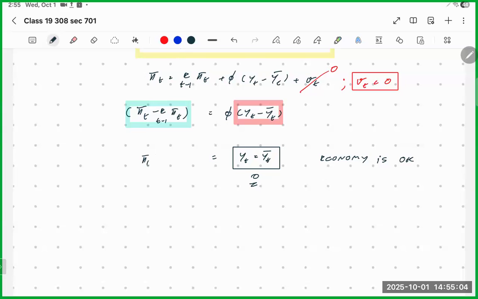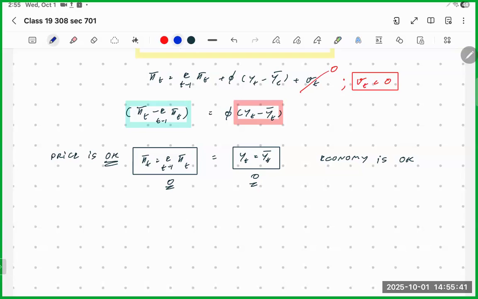So pi t equal to expected t minus 1 pi t. Inflation today equal to what people expect. You see? What people expected yesterday about inflation today actually equal to what happened today. So it means that everything in the economy is not too expensive and not too cheap. The price is okay.